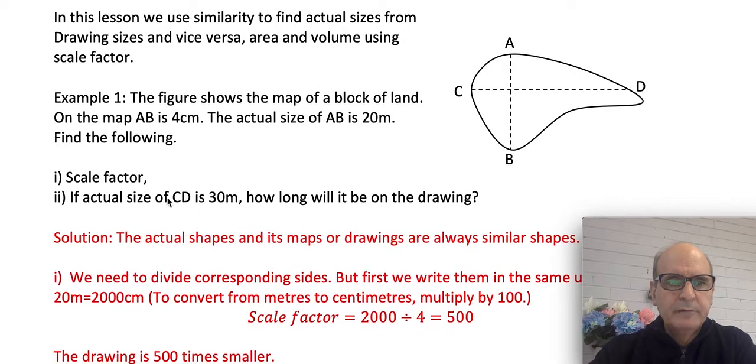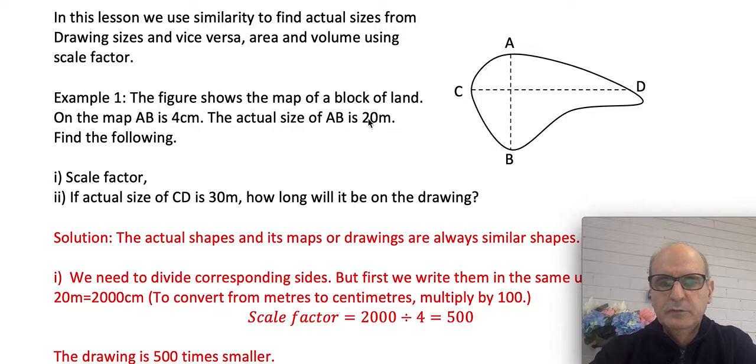All right, we want to find the scale factor. So we have to see what the actual size is and how it compares to the drawing. For AB, they told us it is 20 meters in real life and 4 centimeters on the drawing.